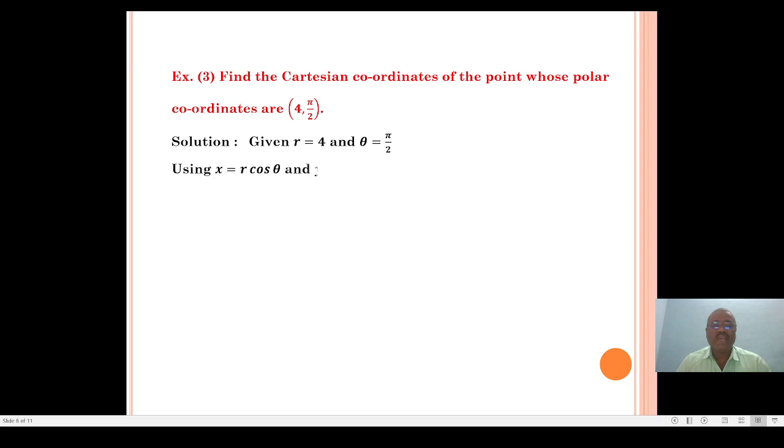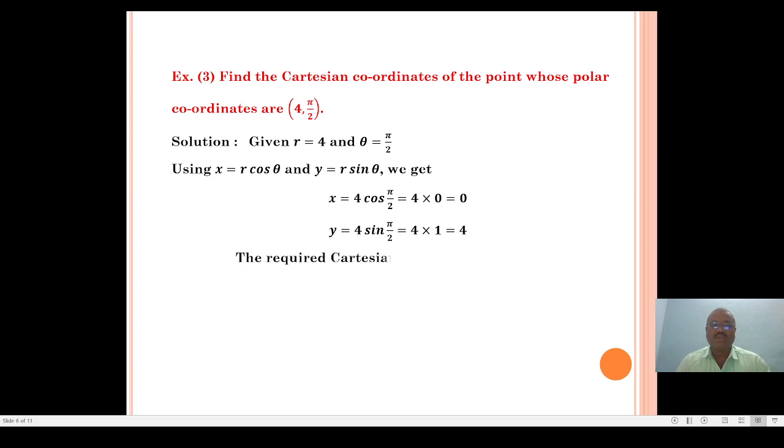Using x equals r cos theta and y equals r sin theta, we get x equals 4 cos pi by 2 equals 4 into 0. Value of cos pi by 2 is 0. So 4 into 0 we get 0, and y equals 4 sin pi by 2. Value of sin pi by 2 is 1. So 4 into 1 equals 4, and therefore the required Cartesian coordinates are (0, 4).